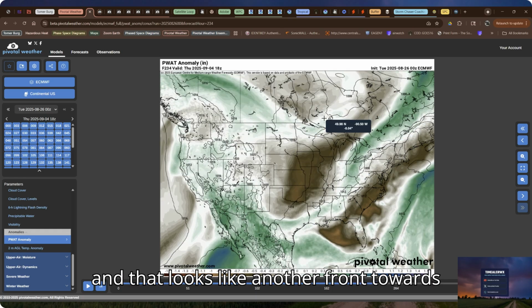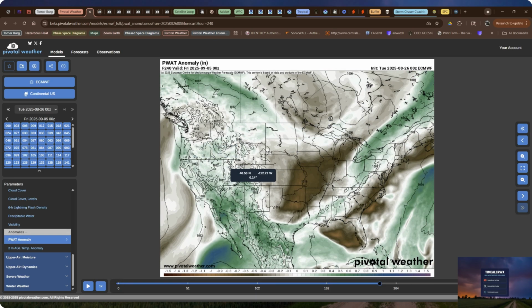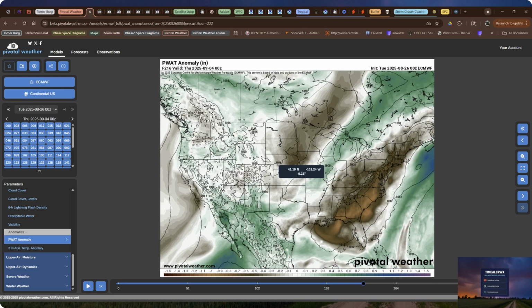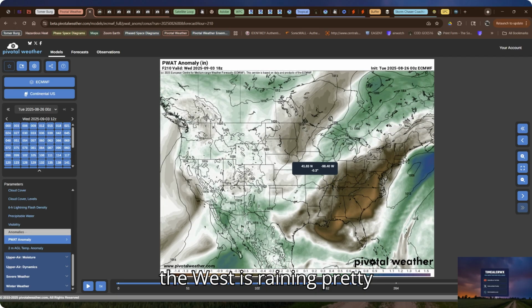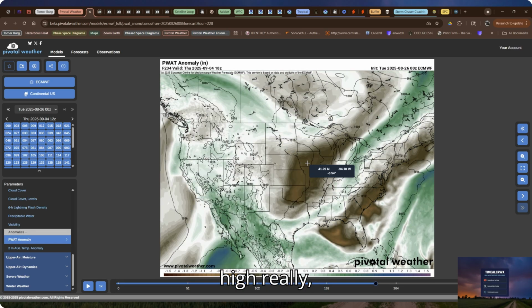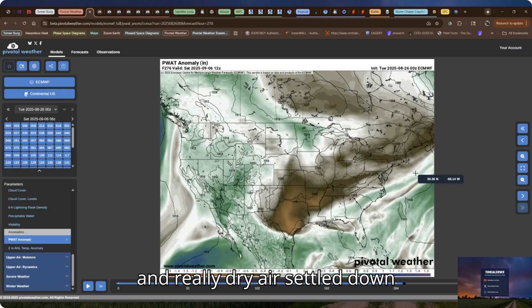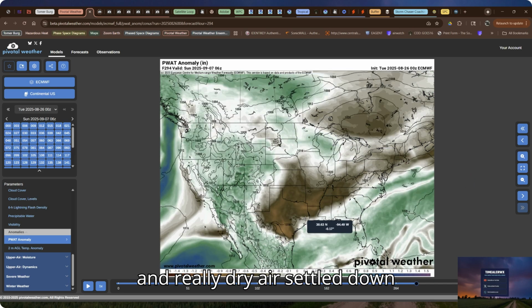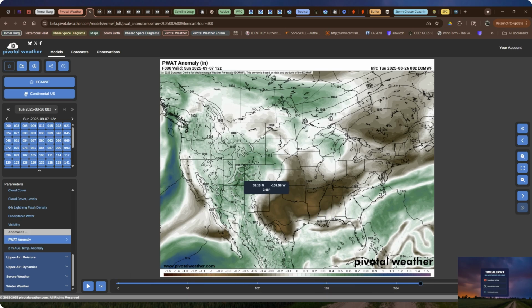Now it looks like another front towards the end of the period moving south. You can see the moisture content out west remaining pretty high, really, and really dry air settled down into the deep south later in the period.